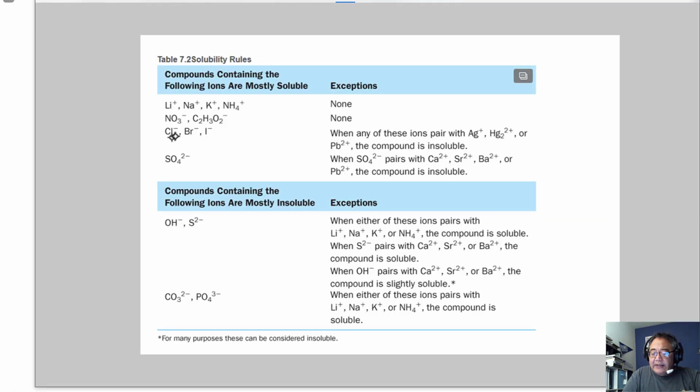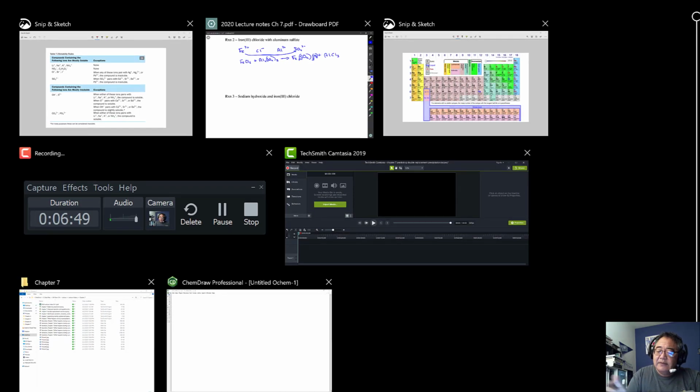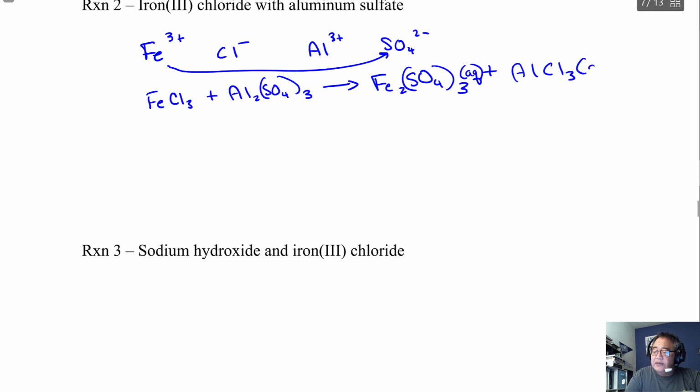And we'll find chloride up here, and silver, mercury, or lead are insoluble, so chlorides are also soluble. That's what I'm finding out. And so this will be aqueous. Now, at this point here, when I know both of the products are aqueous, I can say that there's no reaction.